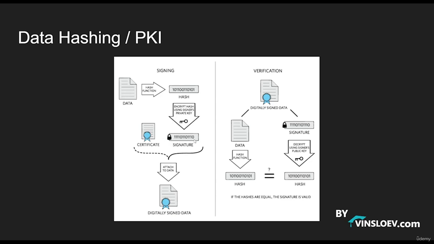hash value, which is now encrypted, and the data is encrypted as well. But the nice part about this, if you remember public private key, is that when we encrypt the data, we can use B's public key. So again, if you haven't watched the previous lecture, then please do so to fully understand the public private key infrastructure.